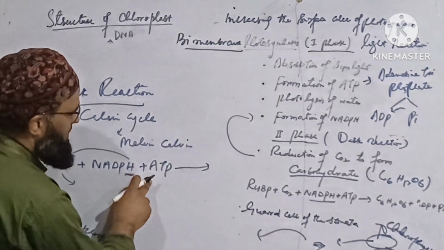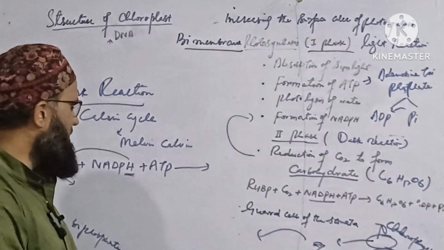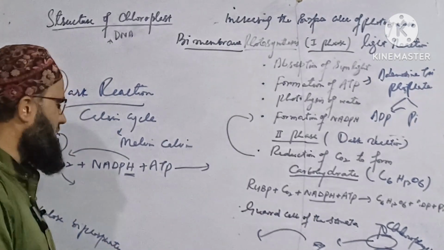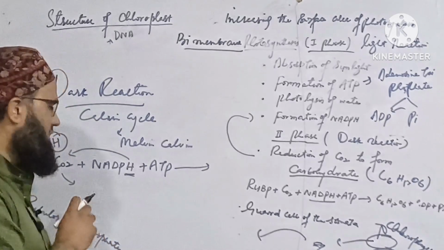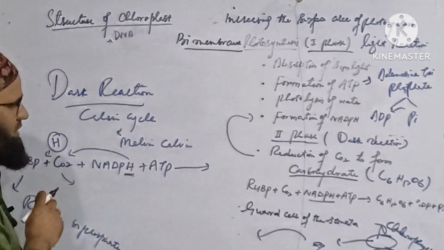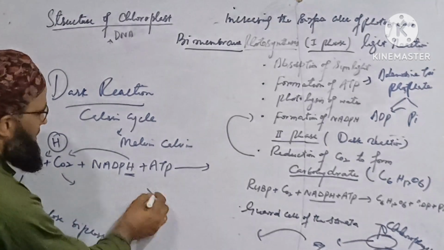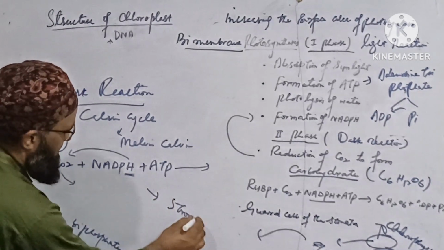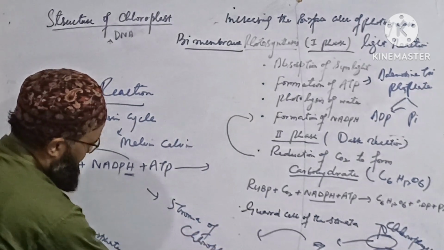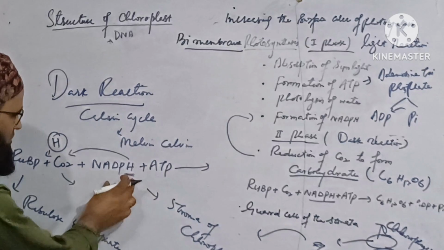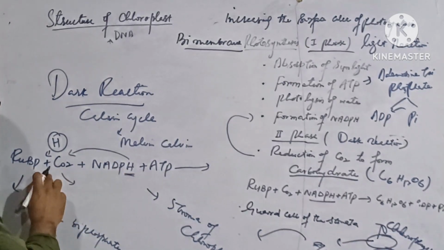And again, ATP is used as an assimilatory power, by the help of which this whole reaction takes place in the dark phase of the photosynthesis, in the stroma of the chloroplast. So these two assimilatory powers are used in carrying out this whole chemical process.